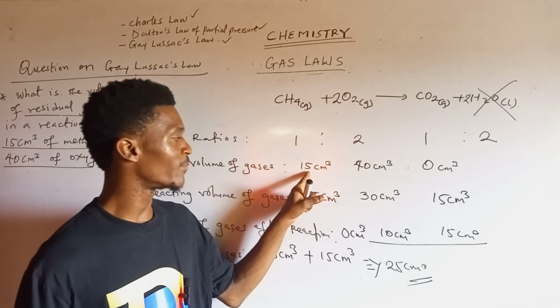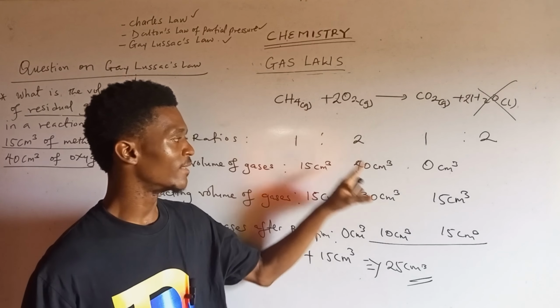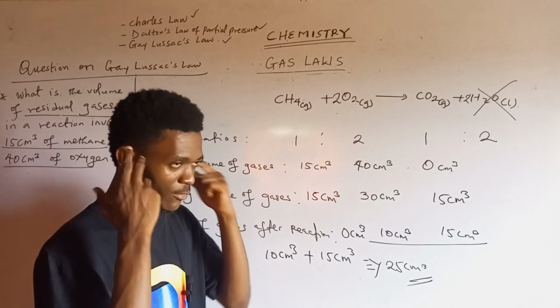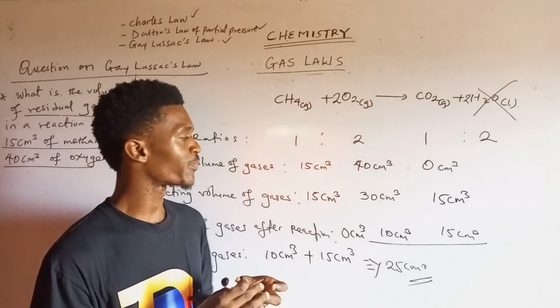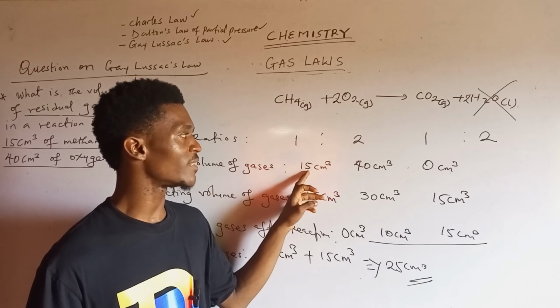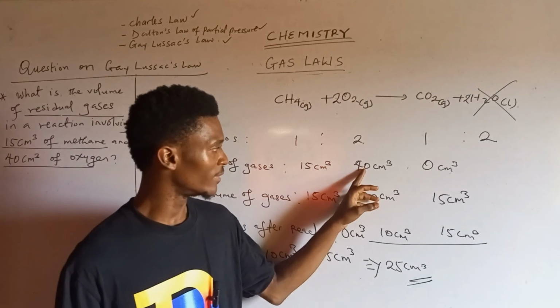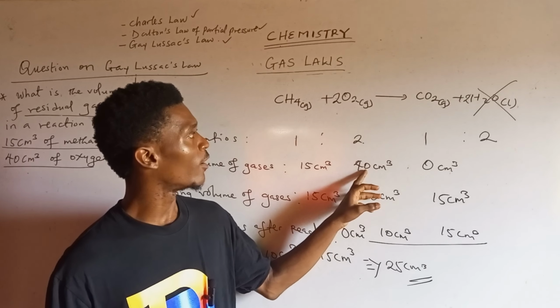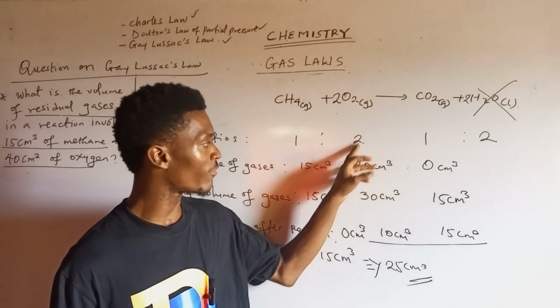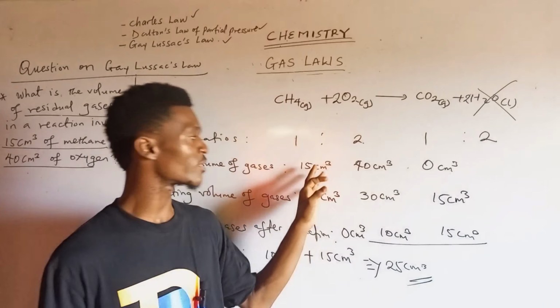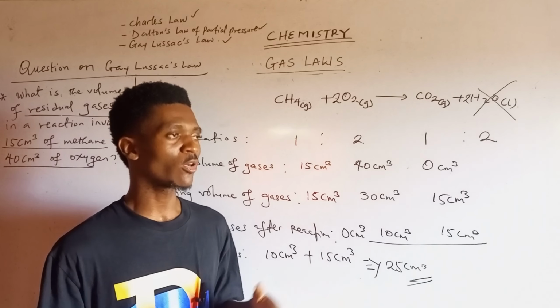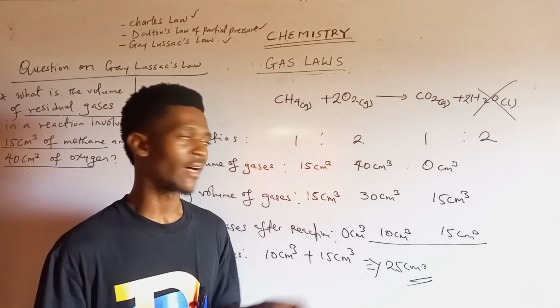Looking at this one, 15 cm³ of methane and 40 cm³ of oxygen, you can picture it this way using the mole ratio. 1 of methane is 15 cm³, 2 of methane will be what? 30. Then oxygen is 40 here, 2 of it is 40, then 1 of it is 20.